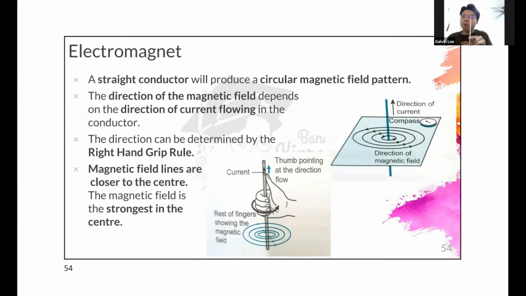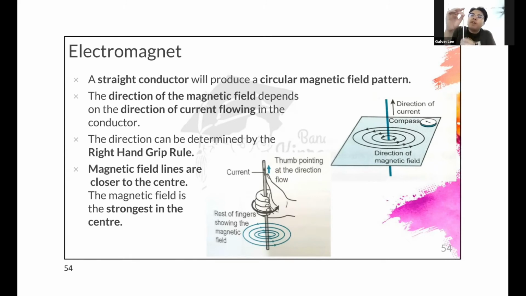That depends on how you connect the wires from the power supply. If you connect positive here, negative here, then the current will flow from the top to the bottom. If you connect positive at the bottom and negative at the top, you will produce a current from the bottom to the top. So the direction of the current flow depends on how you connect the wires.